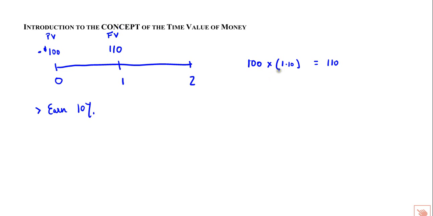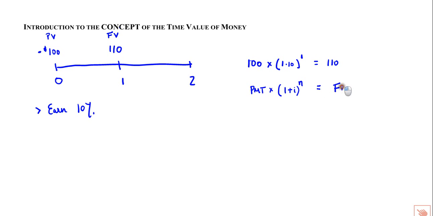So to get the future value, you take the payment times 1 plus the interest rate, and you raise it to the number of periods. So we didn't put that up here, but anything raised to the power of 1 is itself.